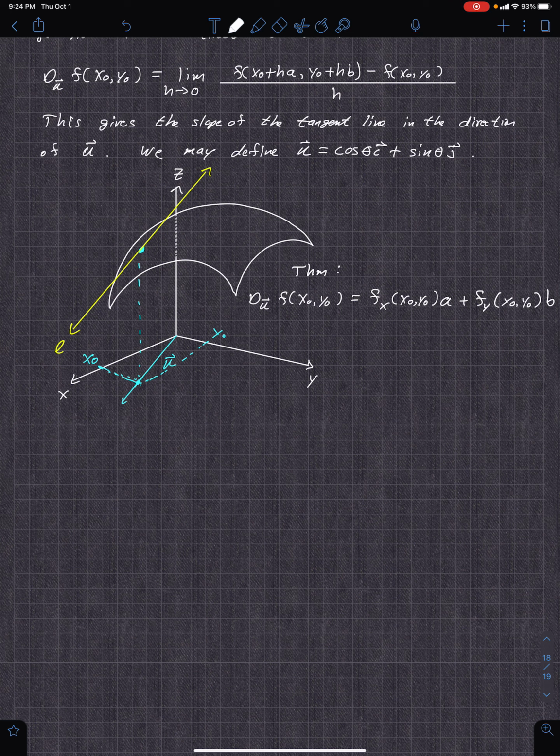Or if you used cosine theta and sine theta, you can say partial fx, x naught, y naught cosine theta plus partial fy of x naught, y naught sine theta.